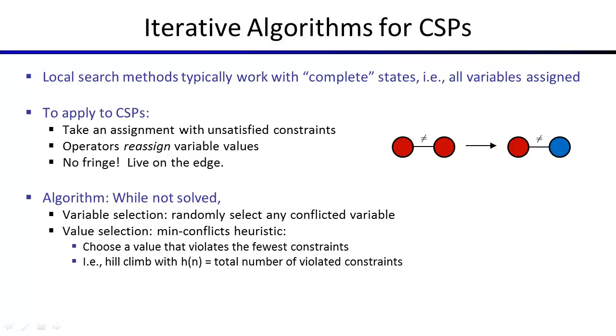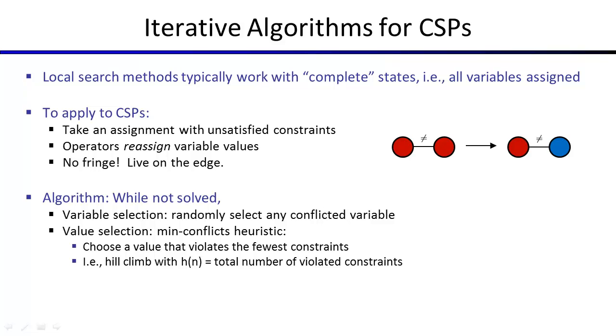Okay, so here's a concrete algorithm. Super simple. While not solved, which means while there is a constraint that is violated, pick a variable. In particular, the specific algorithm we're talking about here randomly selects any conflicted variable. Then you pick a new value for it, using what's called the min conflicts heuristic.